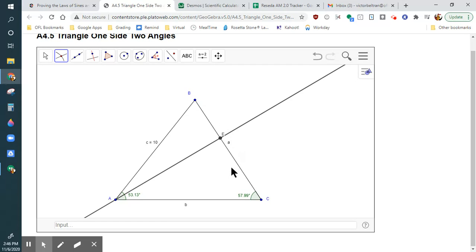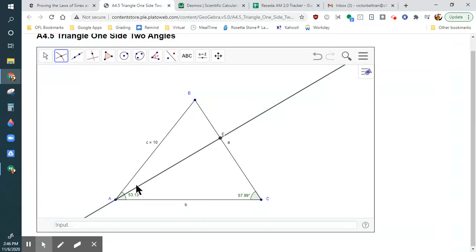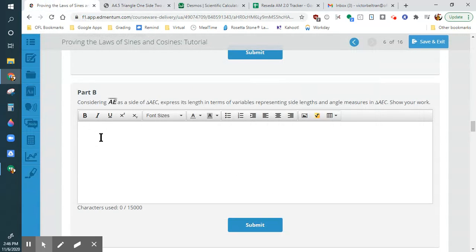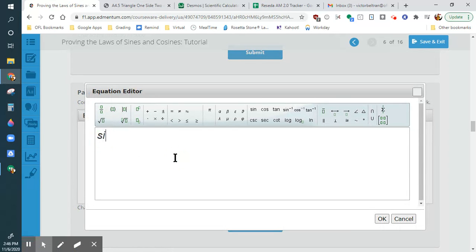So in order to do this, we're going to use some variables. We're looking at EA. So we're going to say that sine, just use the equation editor. I don't know why Edmentum didn't put this down as an equation editor already.